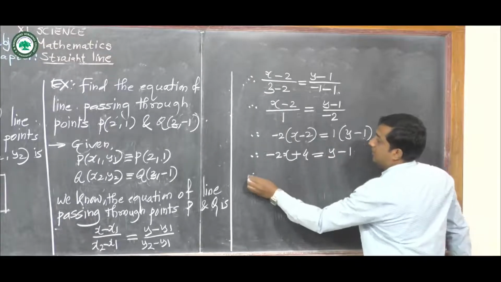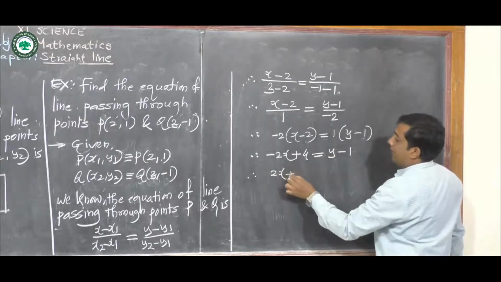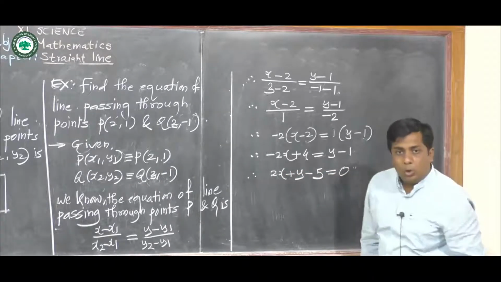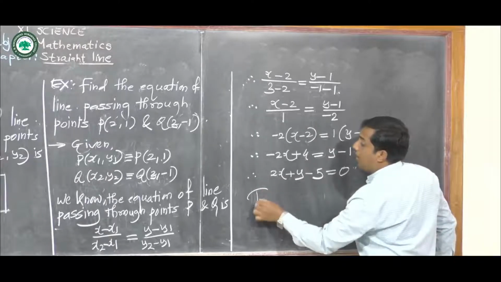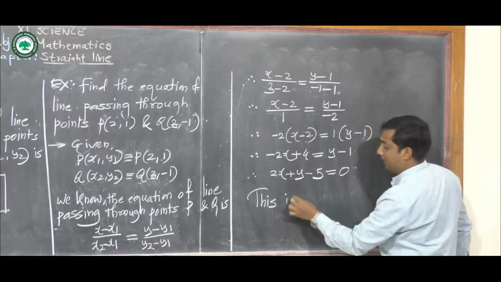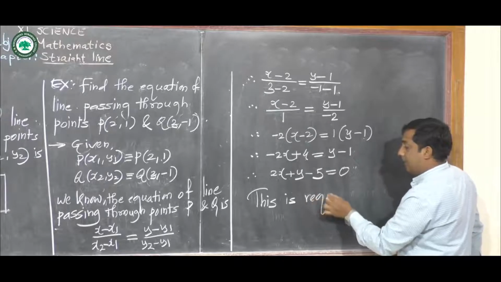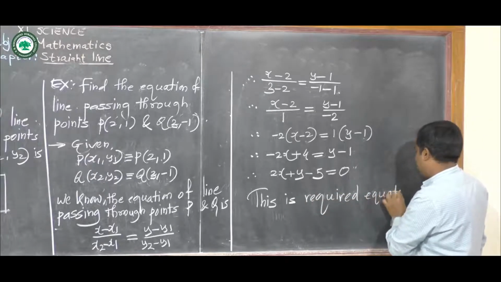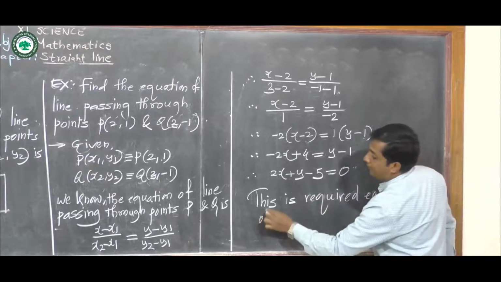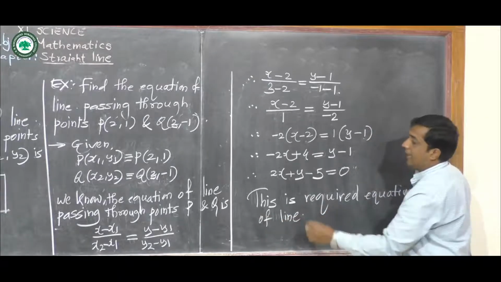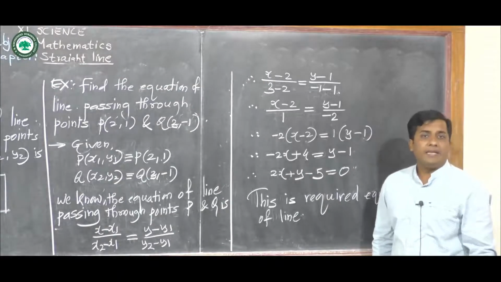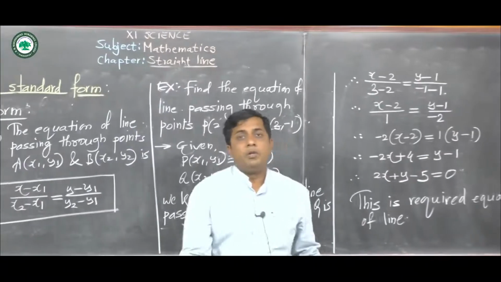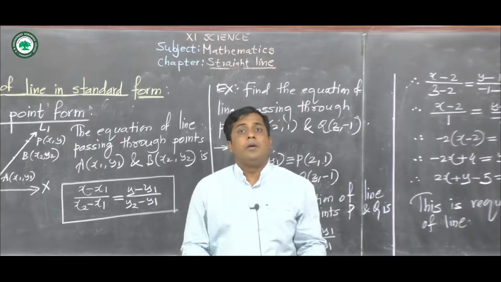And in last, here we get 2x plus y minus 5 is equal to 0, and this is the required equation of line. So very simple example it is. Directly by using our two-point form, we find equation of line.